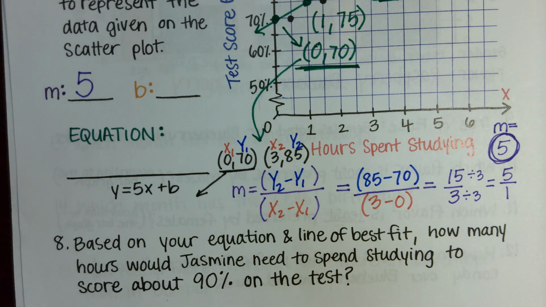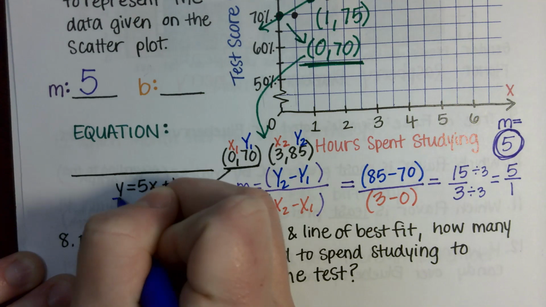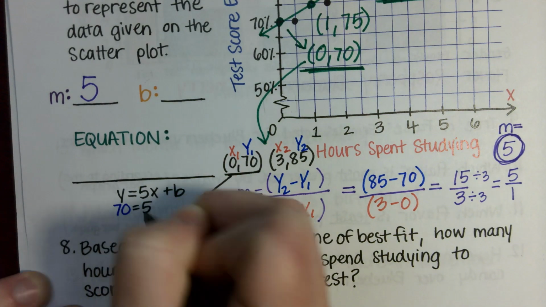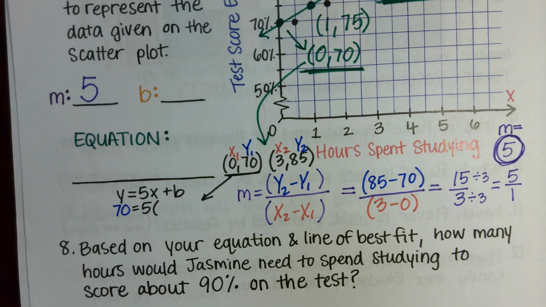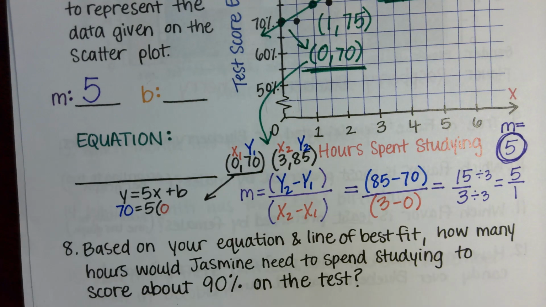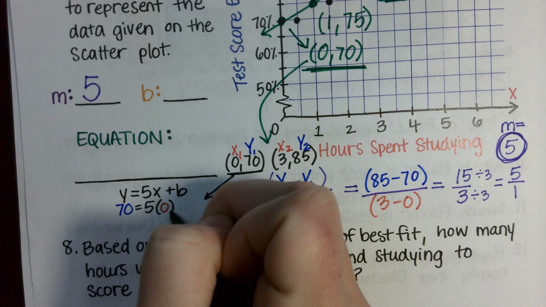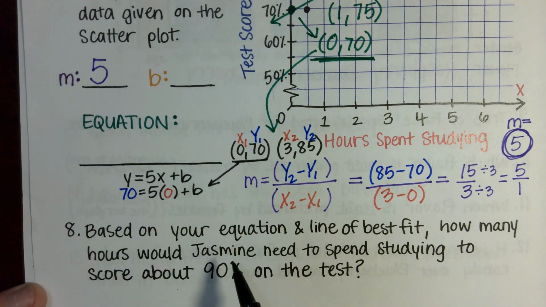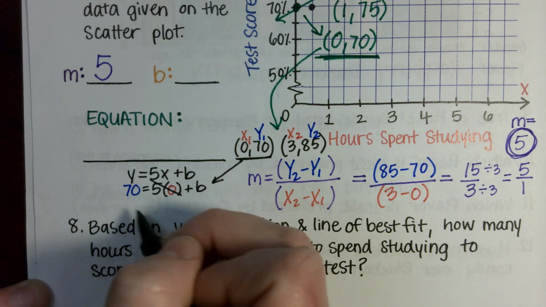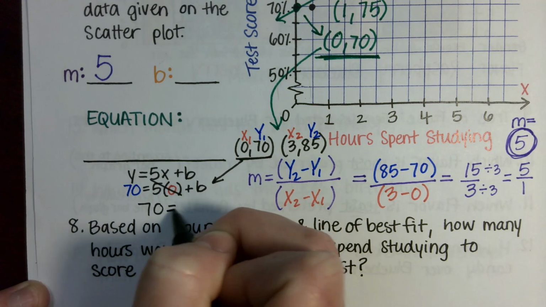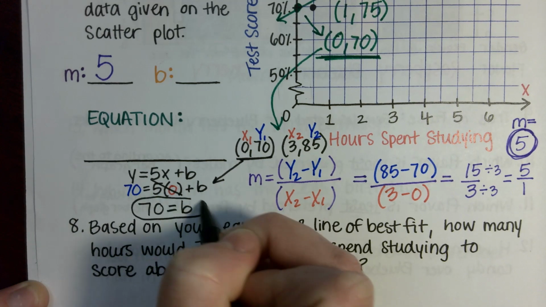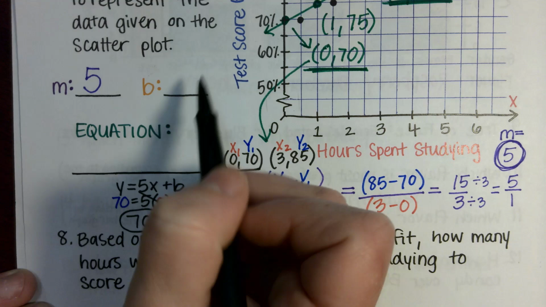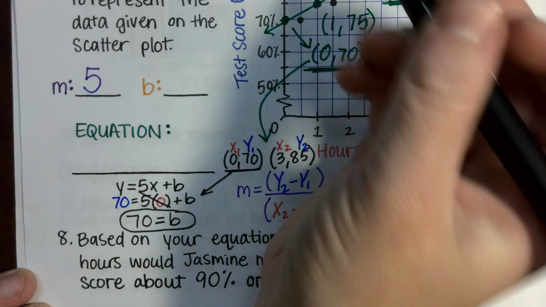So our y is 70 equals 5 times our x, which is 0, plus b. And what's 5 times 0? 0. So we're just going to cross it off and say 70 is b. So once you find your b, please write it in the spot I gave you.